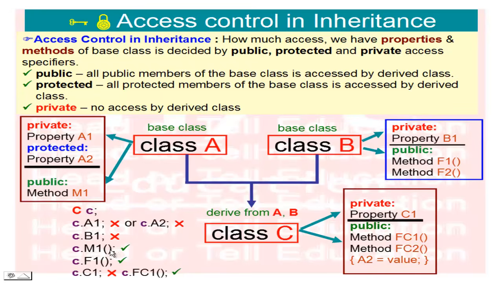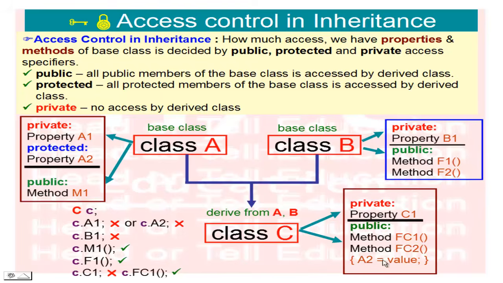C.M1 and C.F1 are both public, so we can access them. C.C1 is a private property, so it is not accessible. C.FC1 is a public function, so it is accessible.